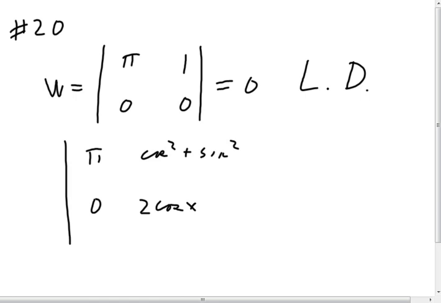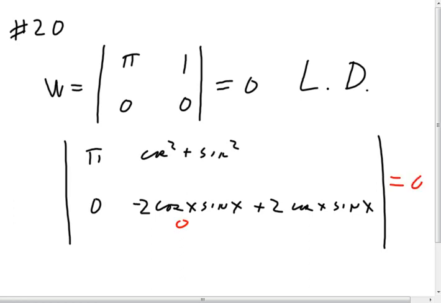Cosine x sine x, no, that'd be minus 2 cosine x sine x. And then I take that, and that's a 0. So that becomes a 0 down there anyway, and it's still 0 as it was before. So everything is still 0.